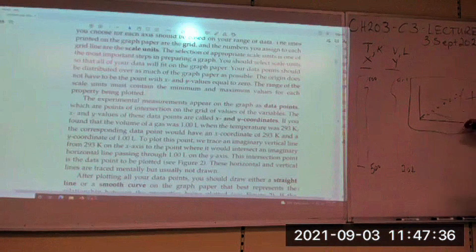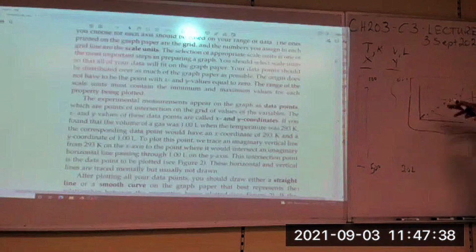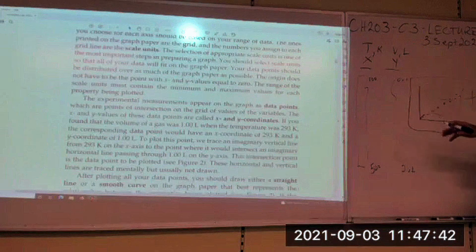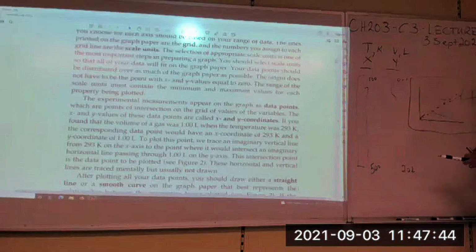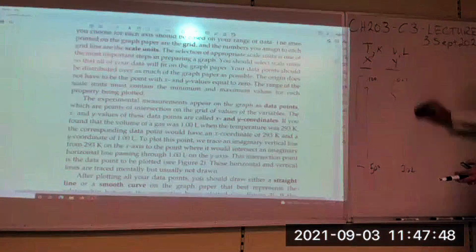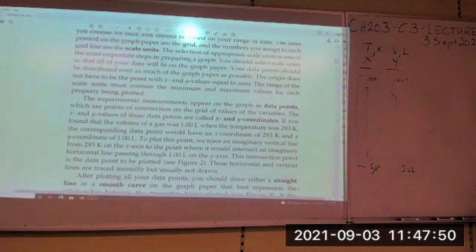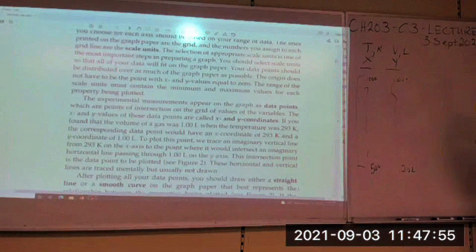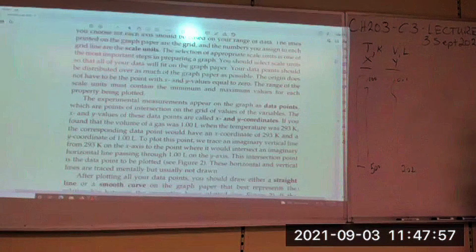Okay, so you need to know the scale and the range. Then you need to know something about the orientation. This is going to be based upon standard letter size graph paper. It can either be portrait or landscape, right?